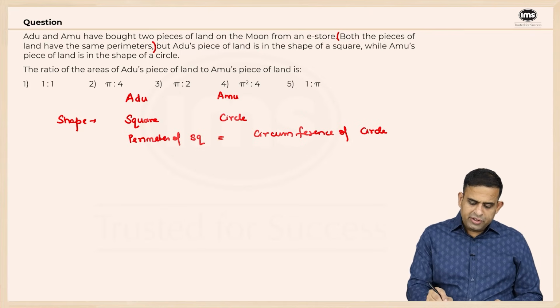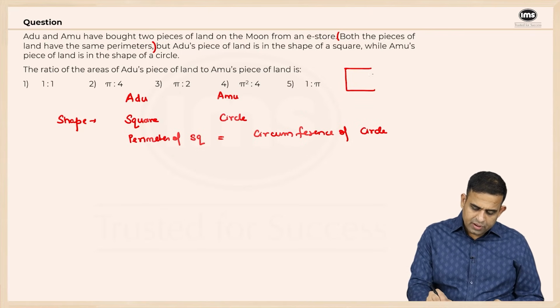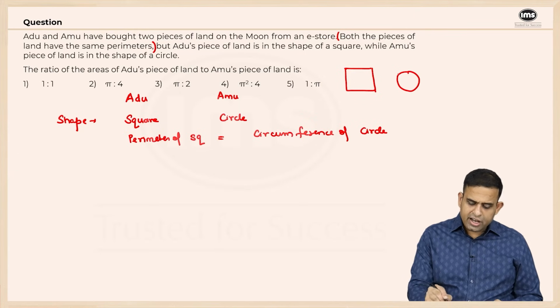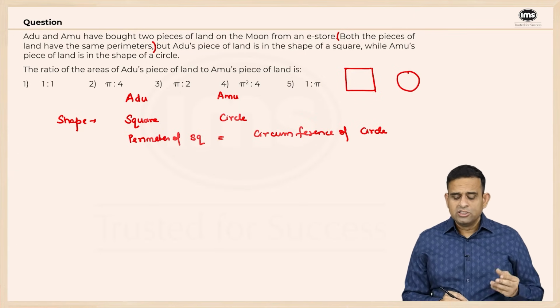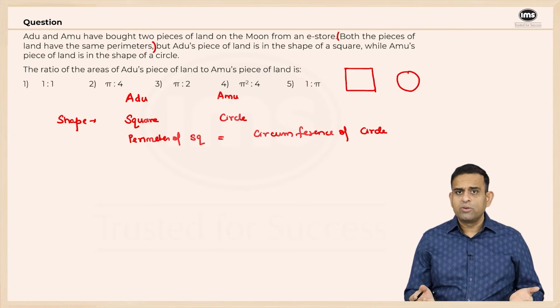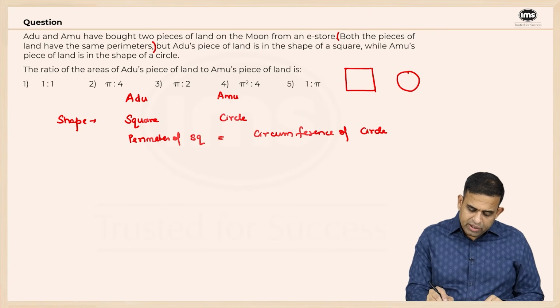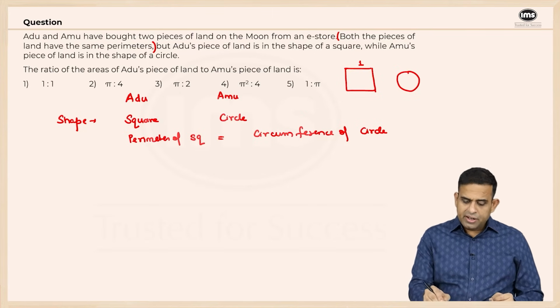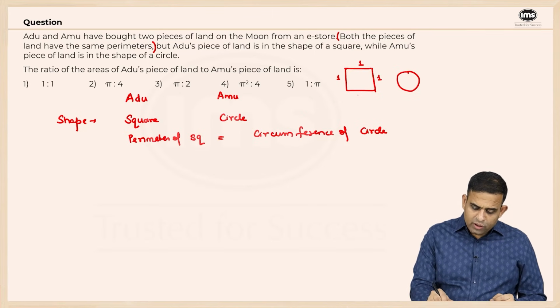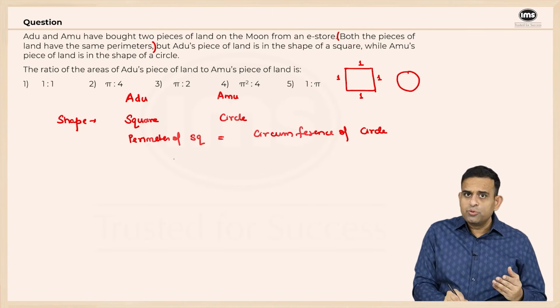In this particular case, we have a square and let's say we have a circle, and both have the same perimeter. Because finally we have to find out the ratio, we can take whatever value we are comfortable with. For example, suppose the side of the square is 1, in that particular case the perimeter of the square will become equal to 4.